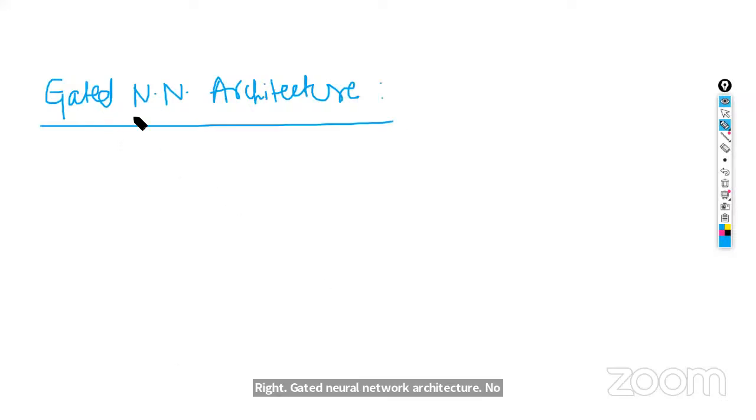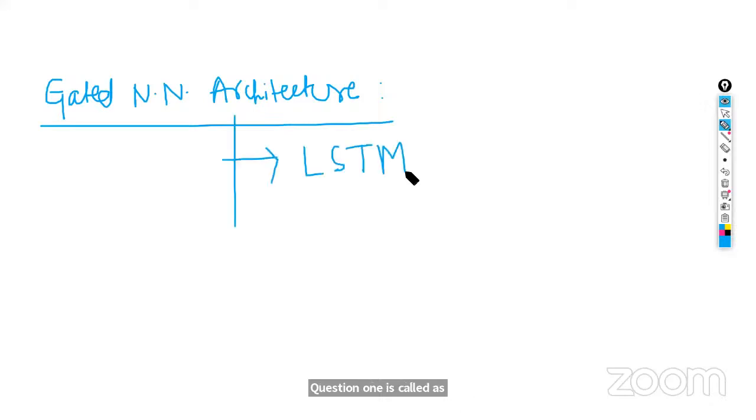Now, when it comes to the gated neural network architecture, we have two kinds. The first one is called LSTM architecture or LSTM neural network, and the second one is GRU.